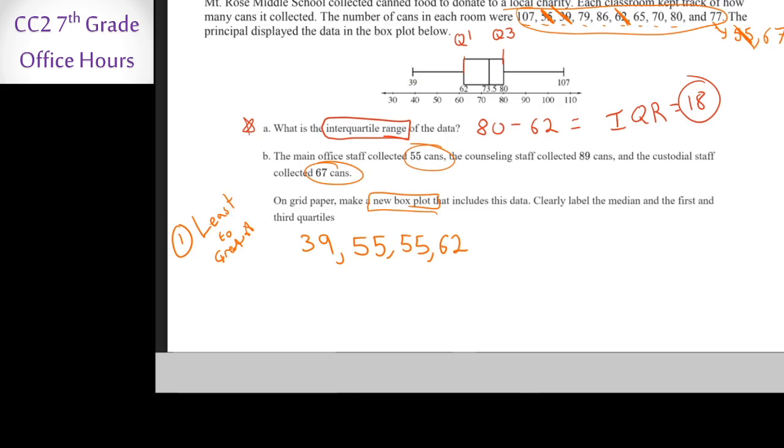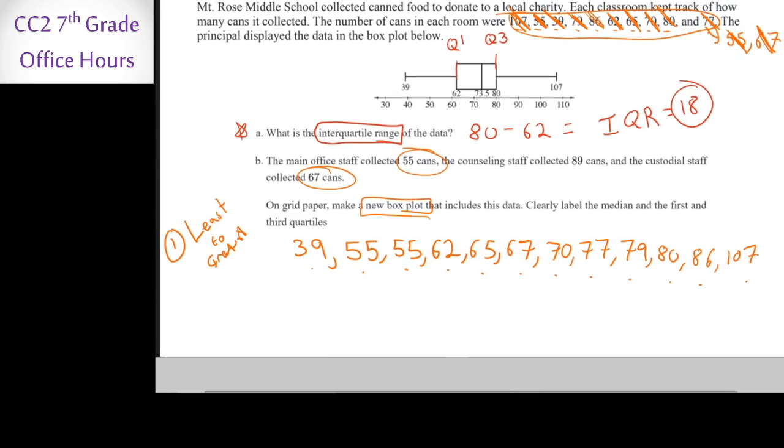You then have 65, 67, 70, 77, 79, 80, 86, and then 107. And then I always like to do a recount to make sure that I have them all. So 1, 2, 3, 4, 5, 6, 7, 8, 9, 10, 11, 12. Okay, I like to make sure that I've got all of the numbers and that I didn't forget anything.